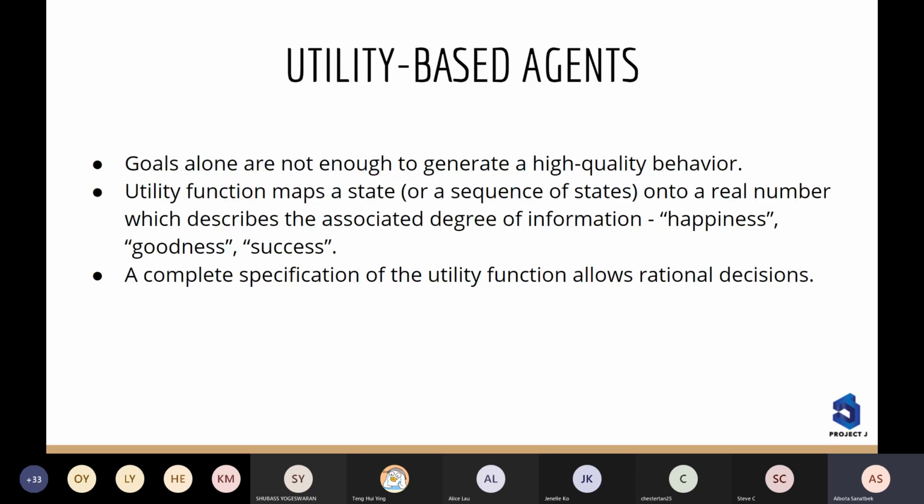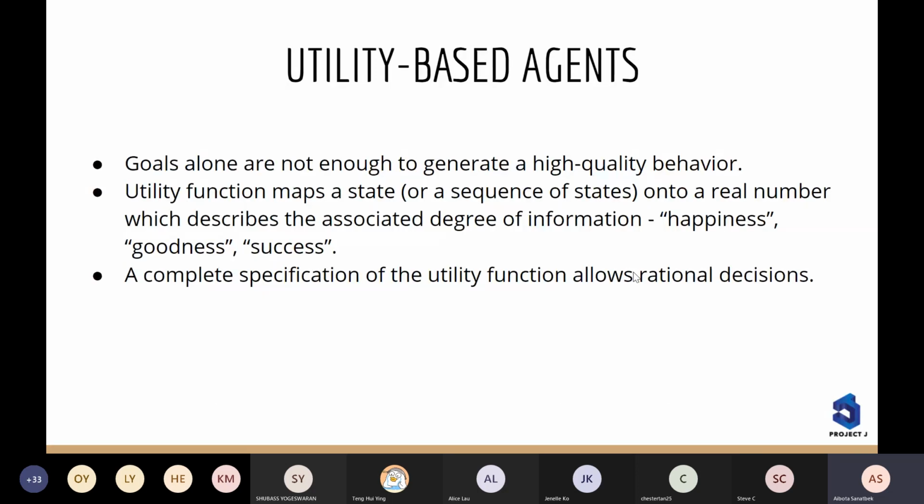It considers how happy it is. For example, is it 90%? Is it 70%? Or if the utility function is success, it considers how successful the current state is.